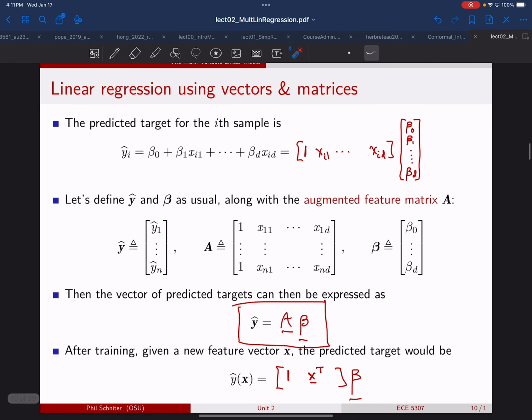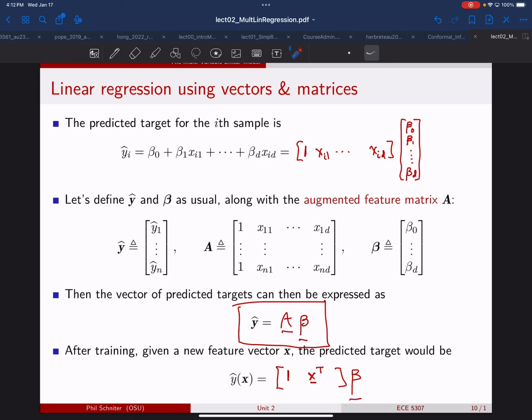If we now add the i indices, the i is indexing where we are in our training data set. We're saying that the prediction we make for the ith target, yi, is going to be this linear combination of the features for the ith sample, so xi1 through xid.